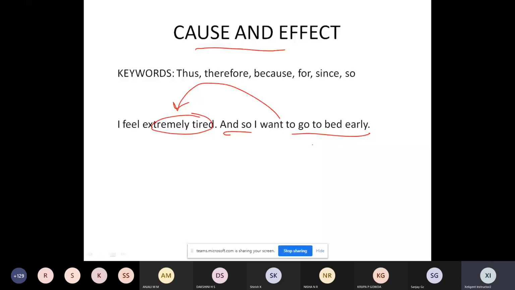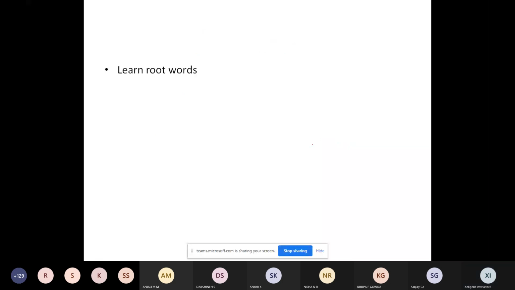Okay, next one is learning the root words. Have you heard about root words?